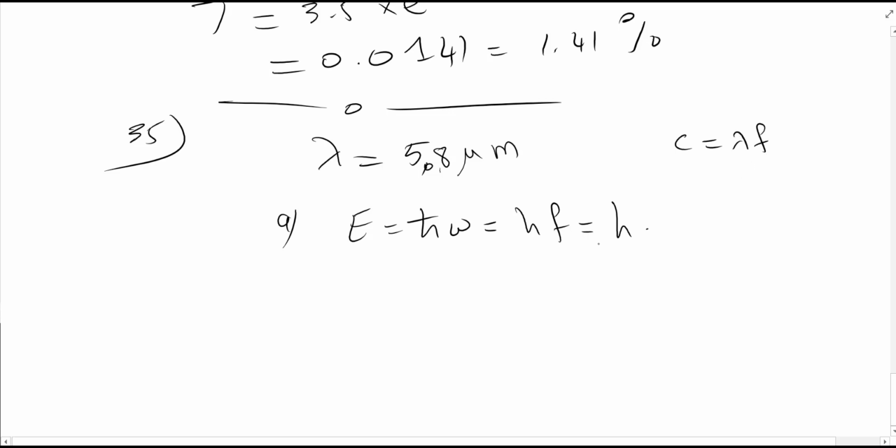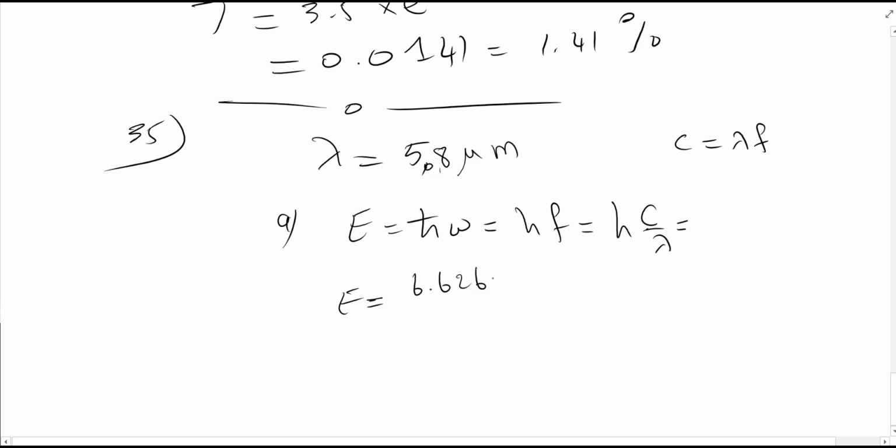Since they gave us lambda, we can express f as c over lambda. So we know exactly what this energy is, because this transition gave us this wavelength. When you plug in the numbers, it's simple.